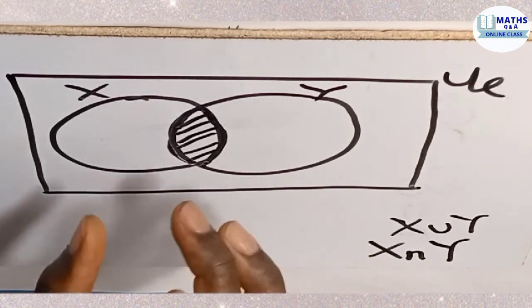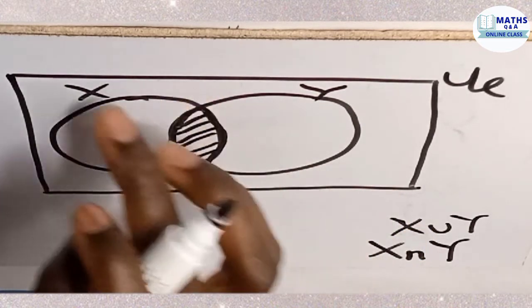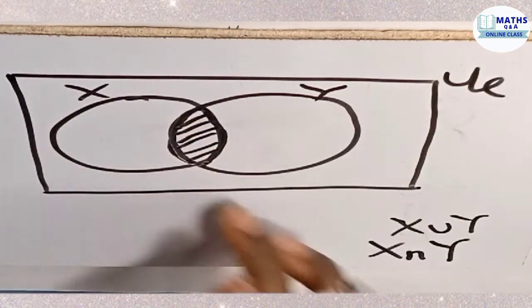Now, aside from having the union of X and Y here, we also have some items which can be written around these two sets. That is the empty space here.